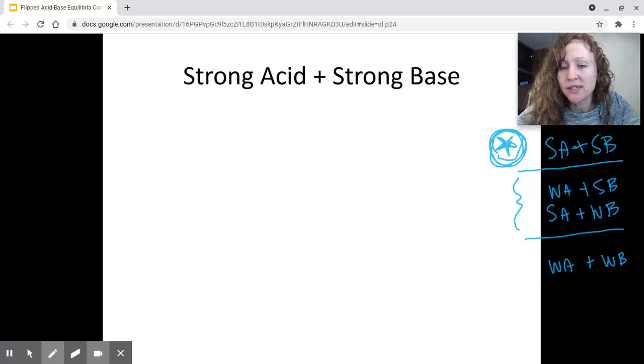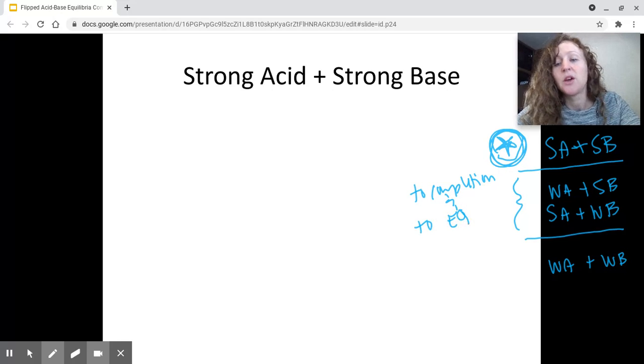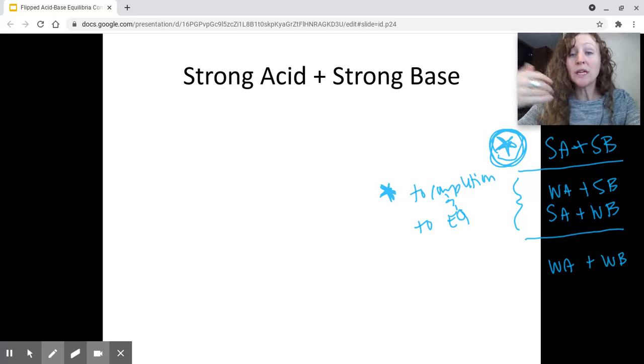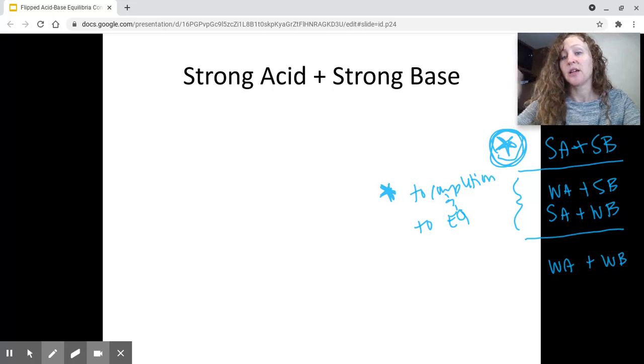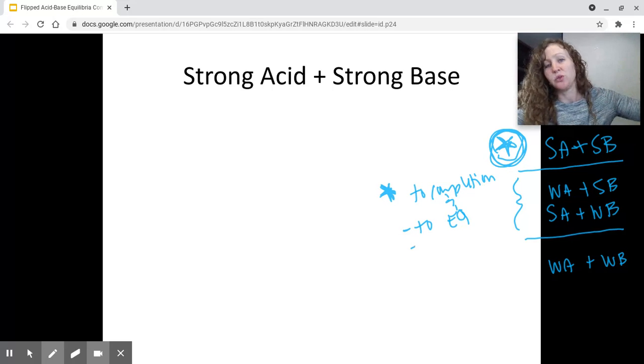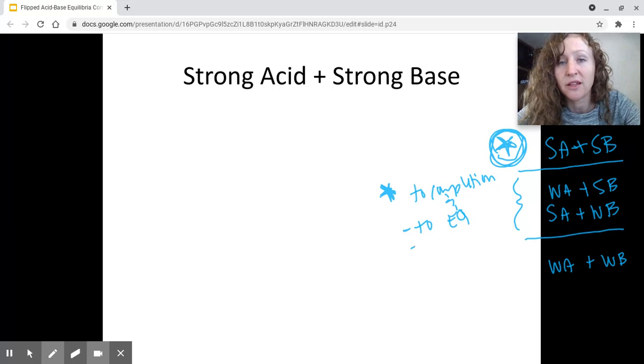So you could see a scenario where you go to completion and then to equilibrium. Or if your strong species drives to completion and your weak thing runs out first, then instead of going to equilibrium, your weak stuff is just going to be used up, and your strong thing that's left will go to completion.